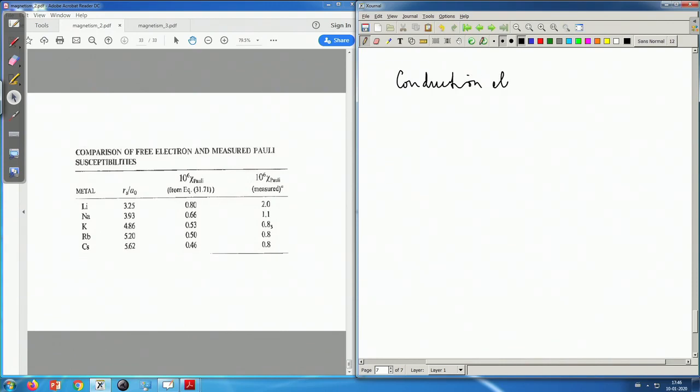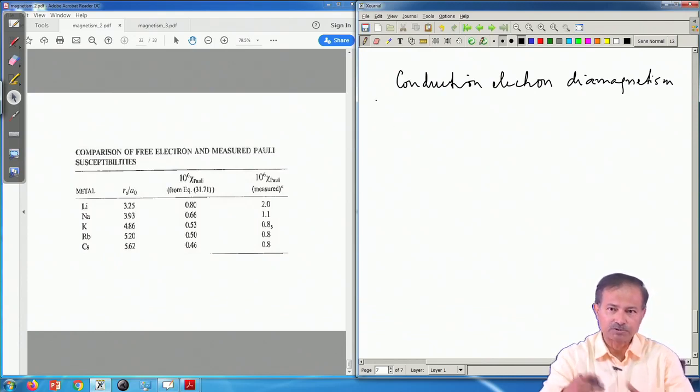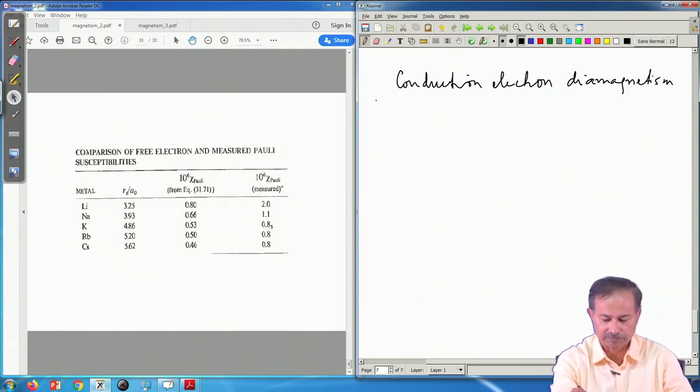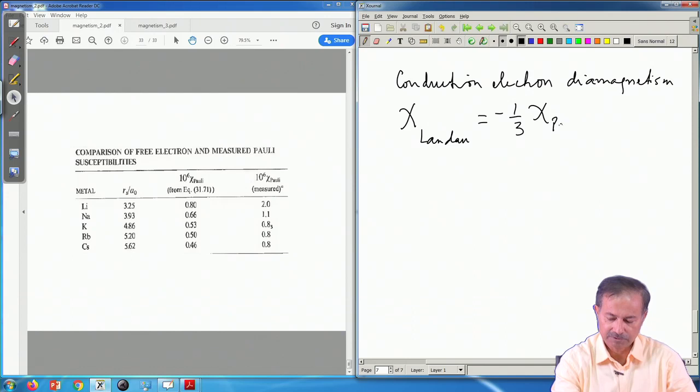This is not easy to calculate, and this was calculated by Landau. It will oppose the field, so with a negative sign, and the Landau susceptibility is about 1/3, with the minus sign of course, of chi Pauli.